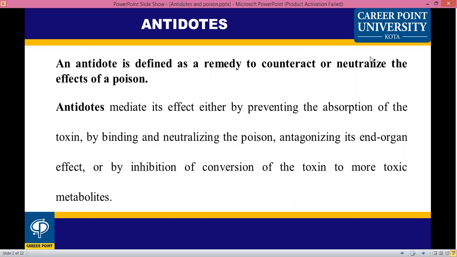These are basically the antidote mediated effects.